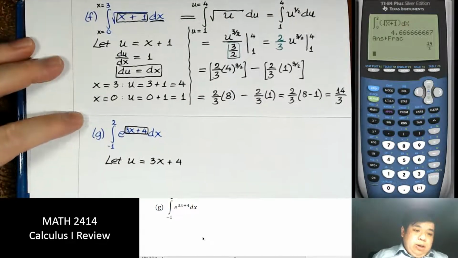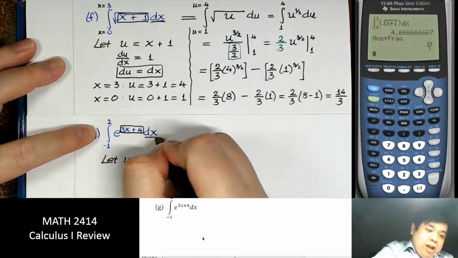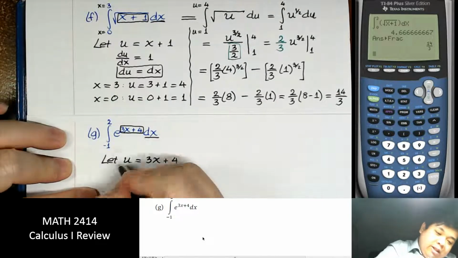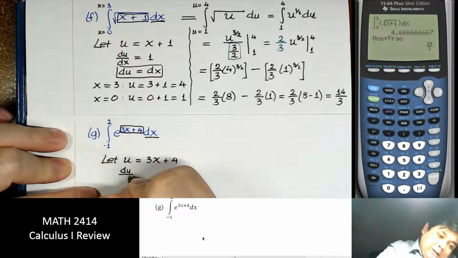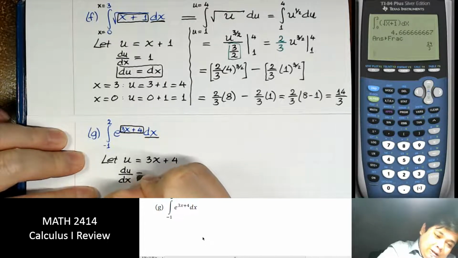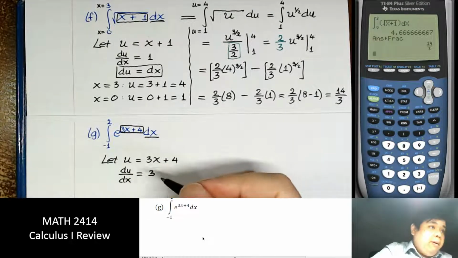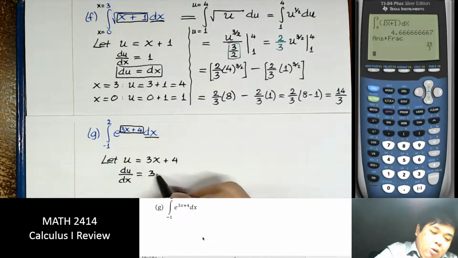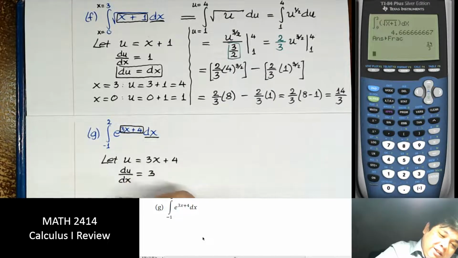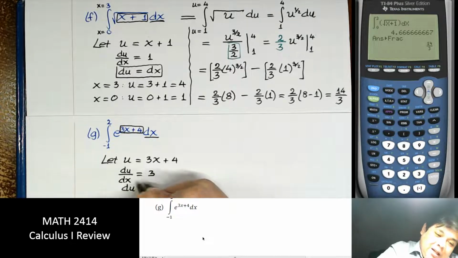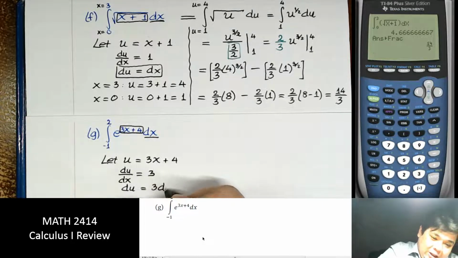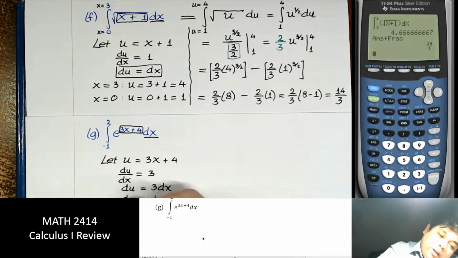So we have u, and now we need to solve for dx. So we check derivative, right? Move the dx over, du equal to 3 dx, or dx equal to du divided by 3.